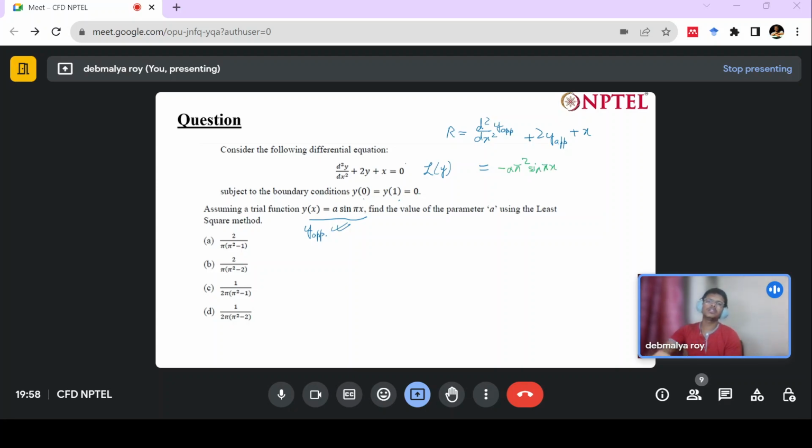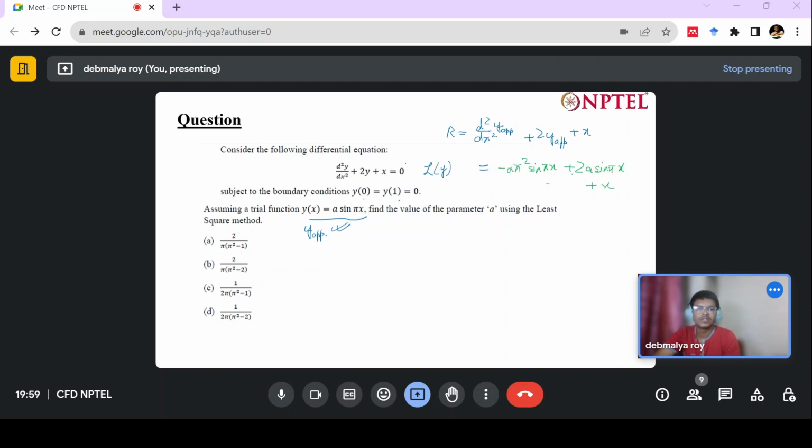You're differentiating a sine function two times, so a minus sign will be there. Sine jumps to cos, then again back to sine, and whatever coefficient you have will be squared outside. Plus 2a sine pi x. This is simply what I have substituted, plus x.